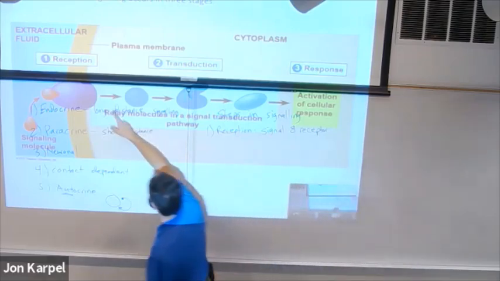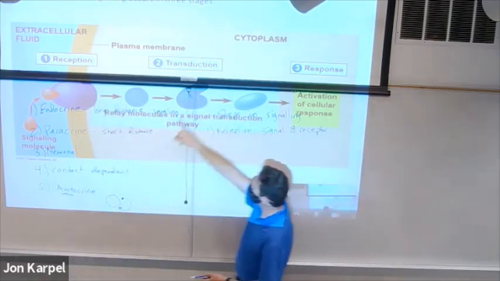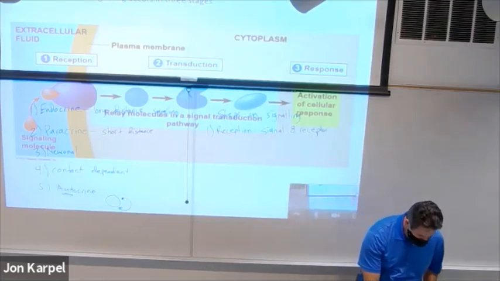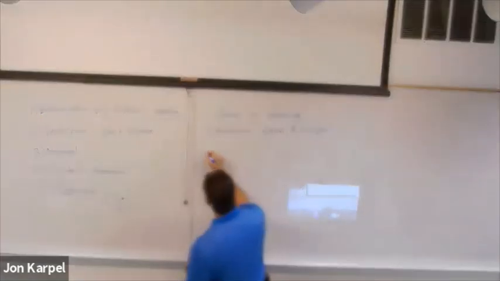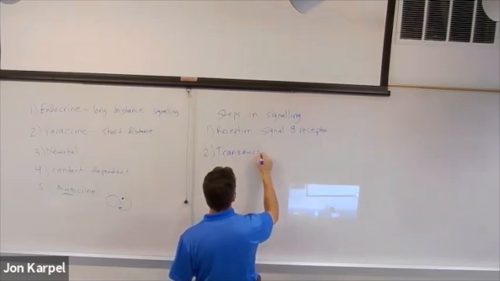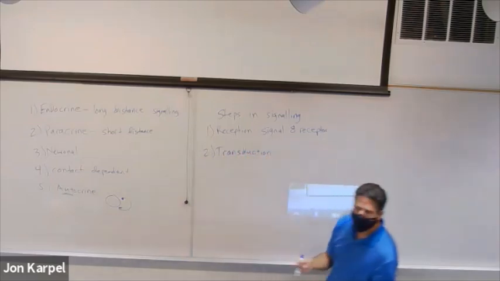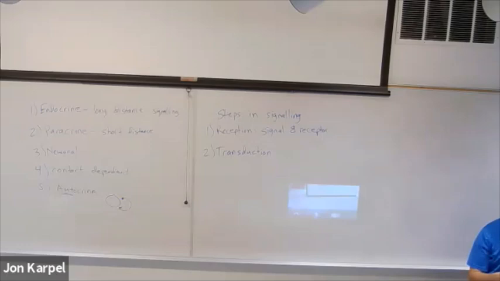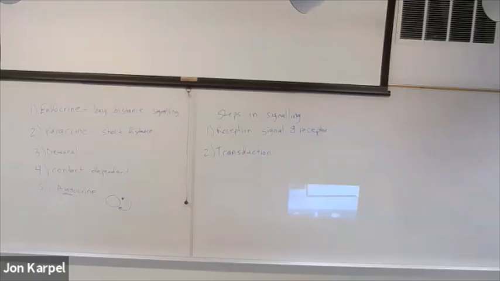That's good. Okay, the next step is called transduction. I always think of this as kind of a relay race. You guys done one of those? With the baton or beanbag or something? So here, what we're going to see is that there's a pathway of proteins that are going to be interacting with each other, and they're going to be passing down this message, whatever it is.